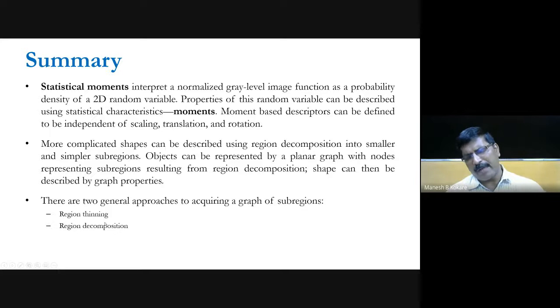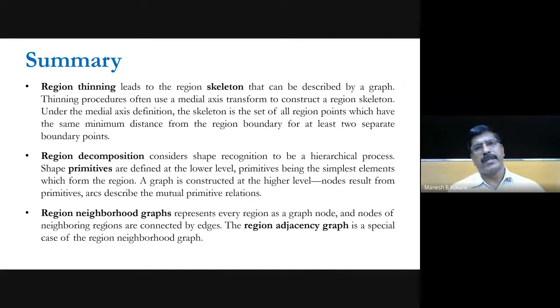So in that graph-based method we have studied three methods: obtaining the graph from the skeleton, obtaining the graph from region decomposition, and then obtaining the graph from the region adjacency method. So these things we have studied in our chapter number 3, right? So these are the region neighborhood graph, or region decomposition, or region thinning, or skeleton. So these are the three methods which we have studied in our third chapter.